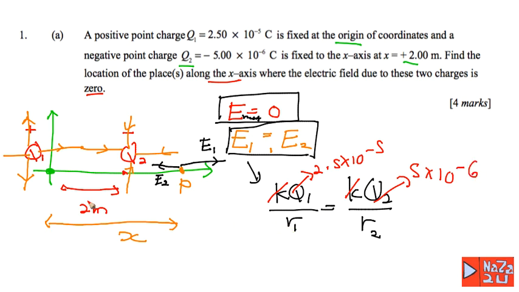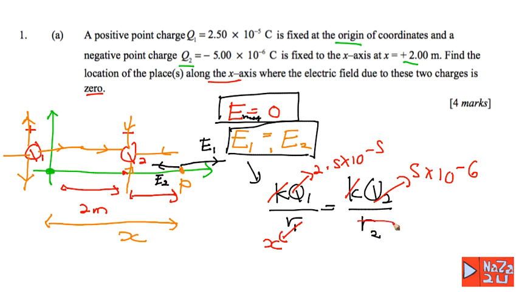The distance R1 from the origin to P is X. And R2 is the distance from Q2 to the point P.